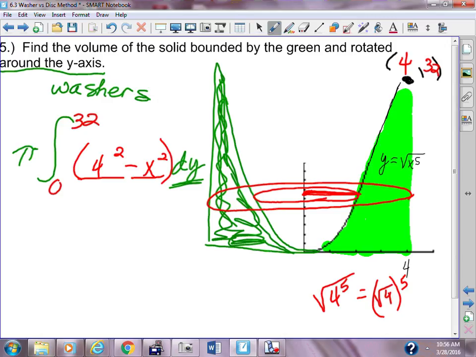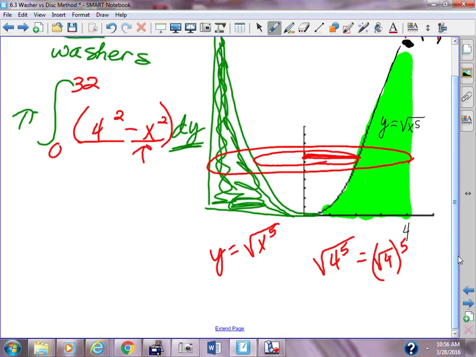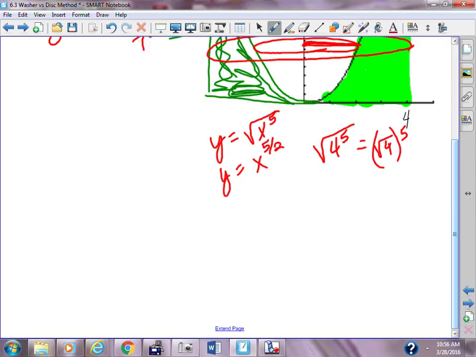Which poses a little bit of a concern. Students know that they need to get the x squared to be in terms of y, but if your equation was y equals square root of x to the 5th, they're not excited about getting x to be squared. So let's think about writing this another way. That's the same thing as x to the 5/2, which means x would have equaled y to the 2/5.